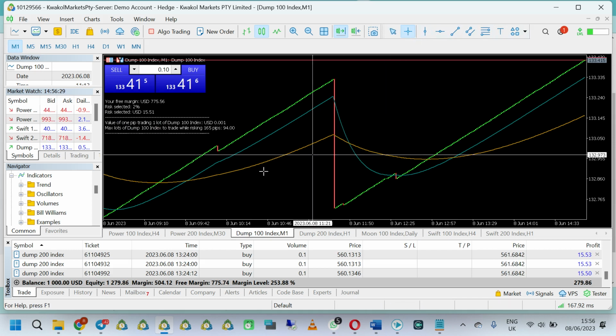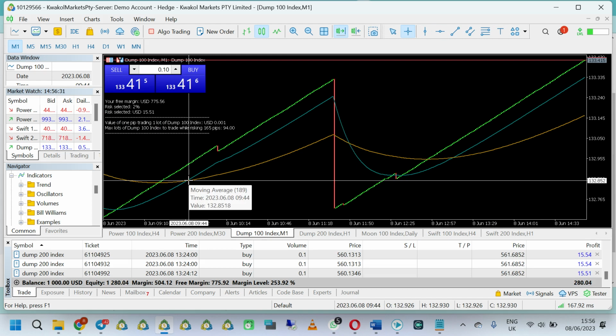Now, first off, if you're actually going to start with, let's say, $100, or you can bring it down to any amount that you have the capacity for. What I checked was that if you trade 1.0 on this one, which is the Drop 100, it's going to take out around $65 for free margin for 1.0.